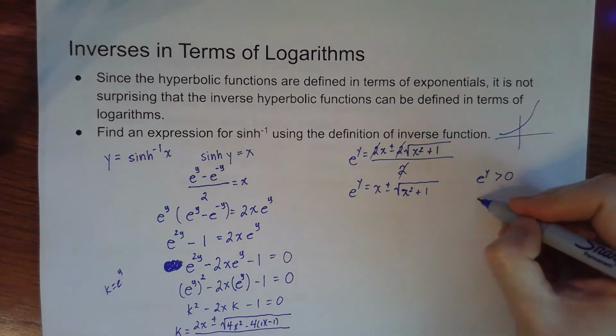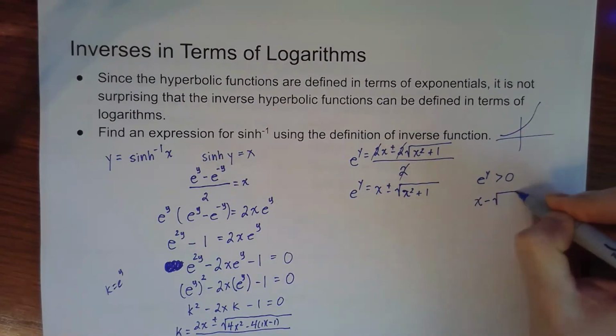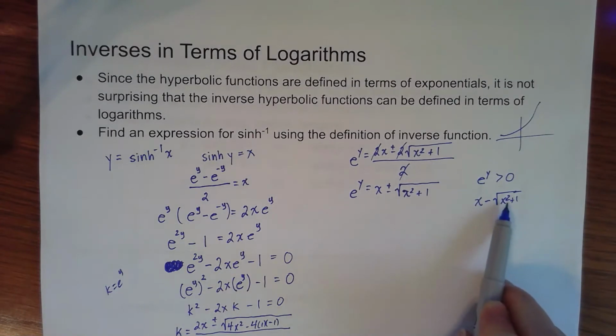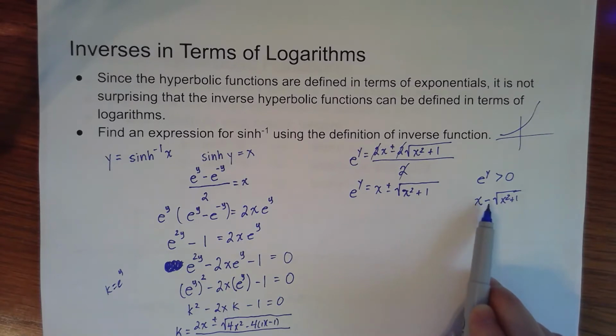So if I think about this, x minus the square root of x squared plus 1, well, since x squared plus 1 is bigger than x squared, the square root is going to be just slightly bigger than x. And so I'm going to have a number x minus something just slightly bigger than x. So I know I'm going to get a negative value. This is going to be less than 0.